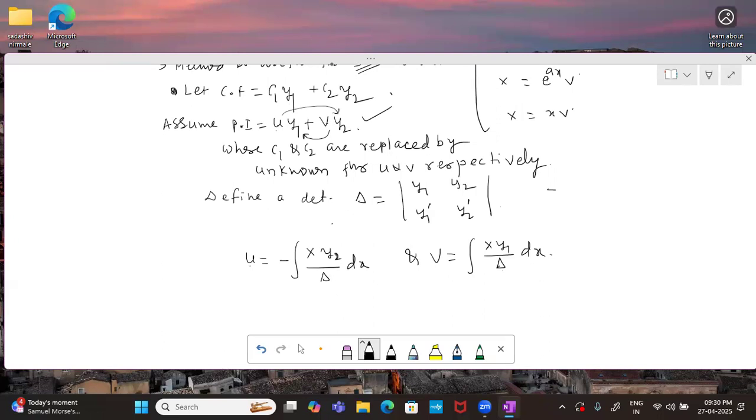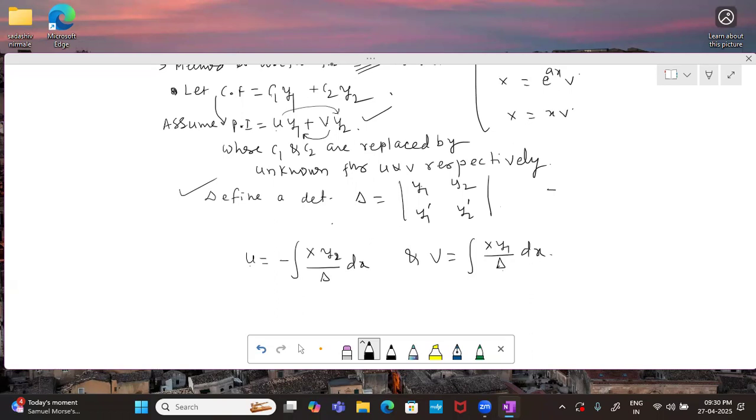So these are the steps. From CF write PI. While writing PI, C1 will be replaced by the unknown function u and C2 by the unknown function v. Then directly define delta as the determinant of y1, y2, y1 dash, y2 dash.